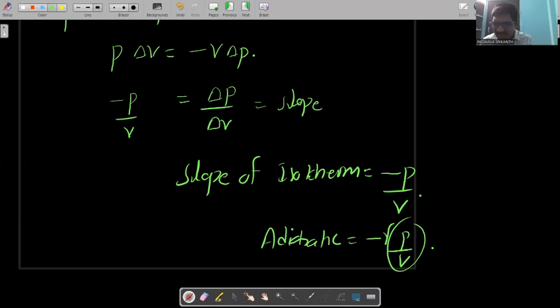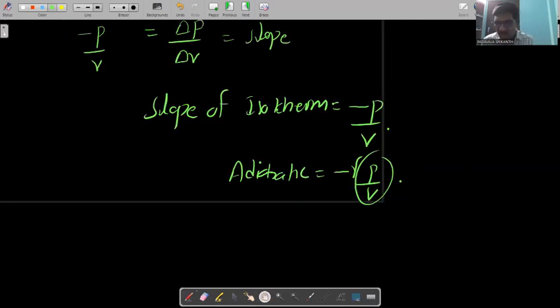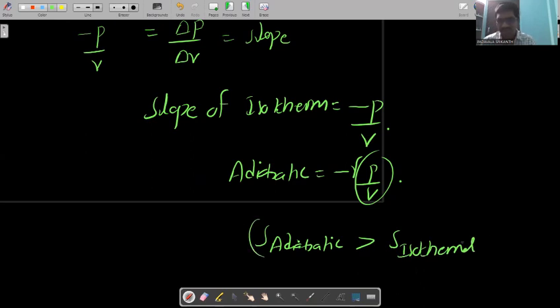Since gamma is greater than 1, I can say the slope of the adiabatic process is greater than the slope of the isothermal process. That is the picture. That is the case. So this is the condition.